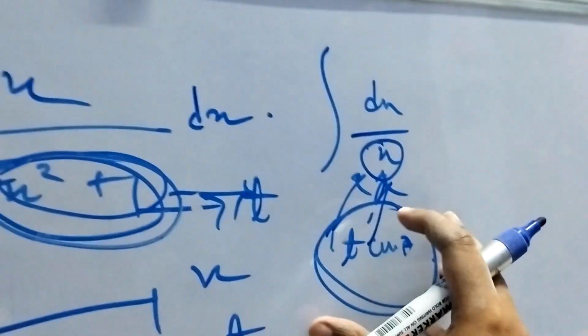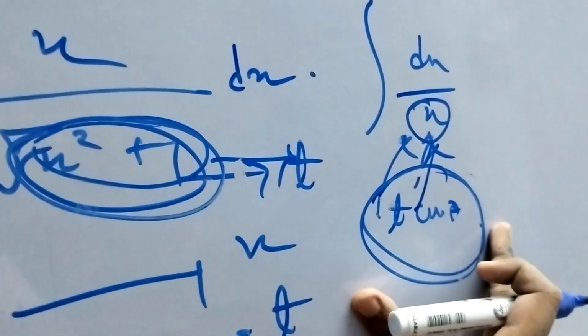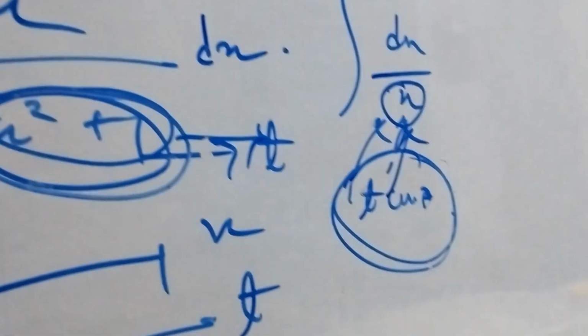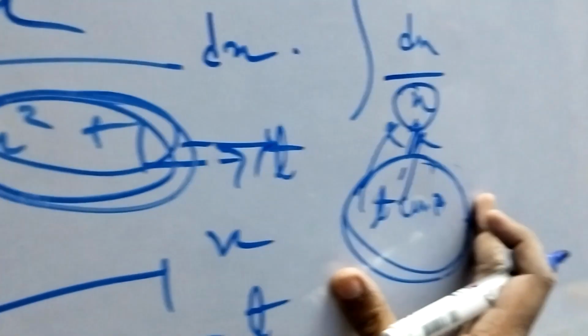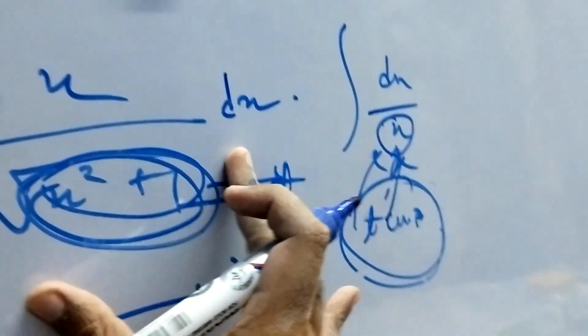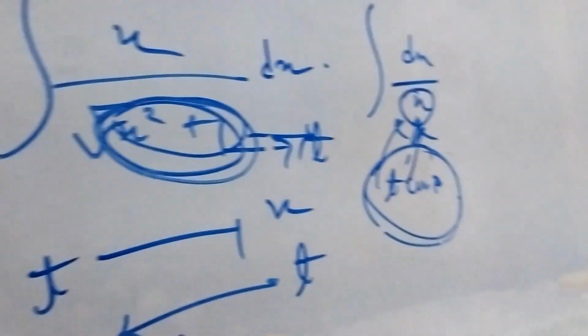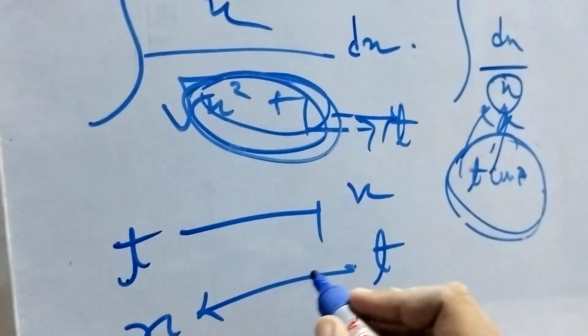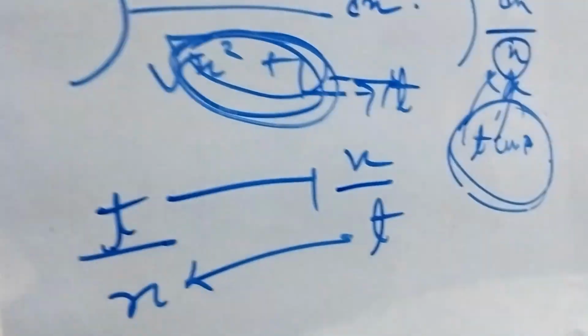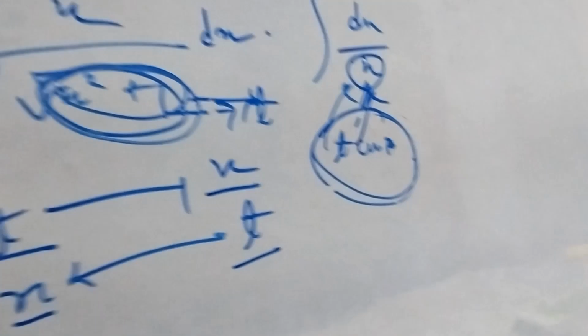Sometimes we take this thing as constant and put some variable into it, and sometimes we take this thing as a variable and substitute some value into it. Sometimes we define t with respect to x, sometimes we define x with respect to t. I hope you understood this.